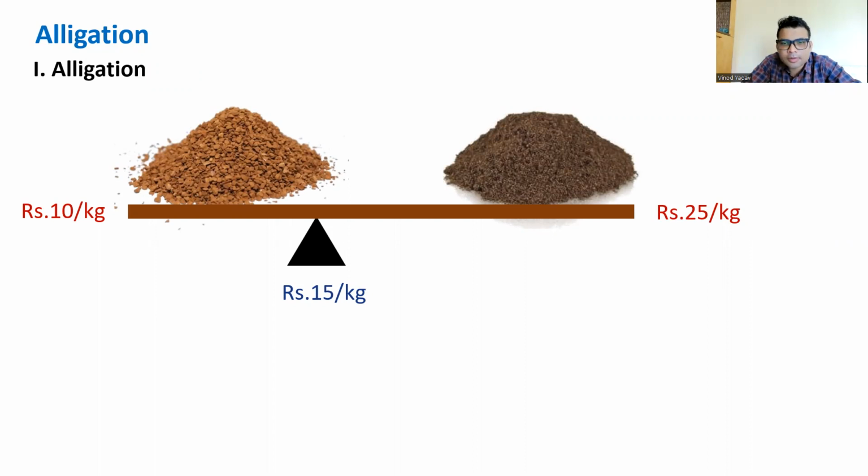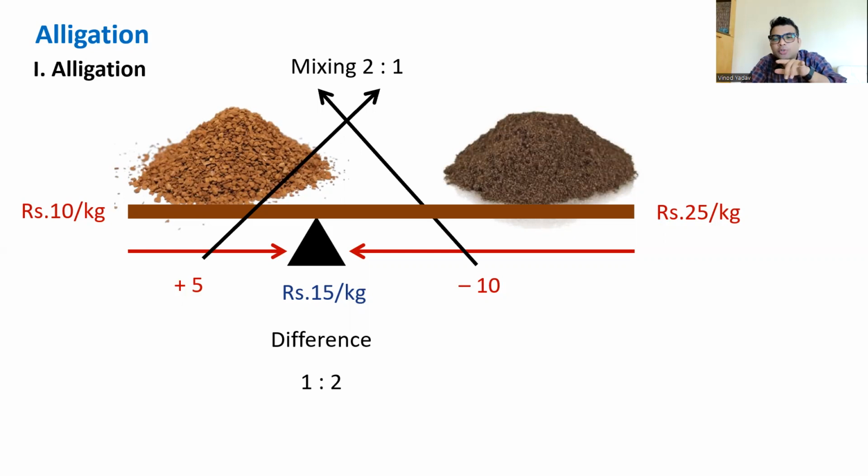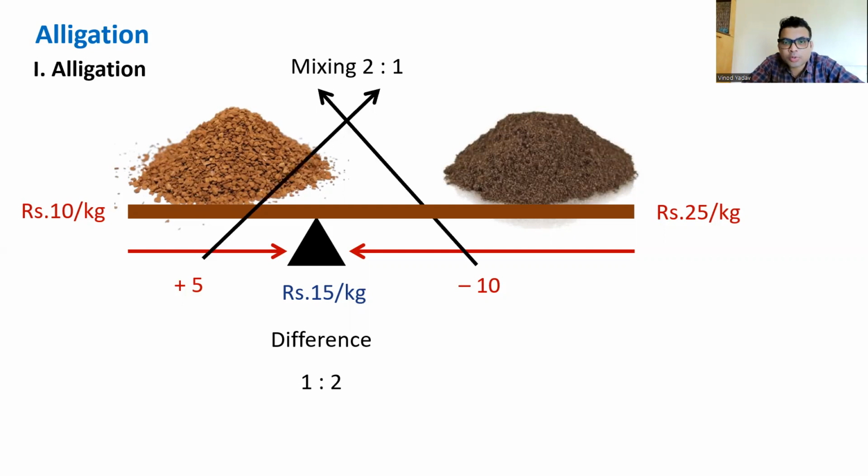So the gaps are 5 and 10, but they were after switching over, because average should be closer to heavier side. So 5 should go to that side. So the ratio of 5:10 was 1:2. Switch it again to get the old ratio back. Means 2:1, right? Mixing should happen in 2:1.